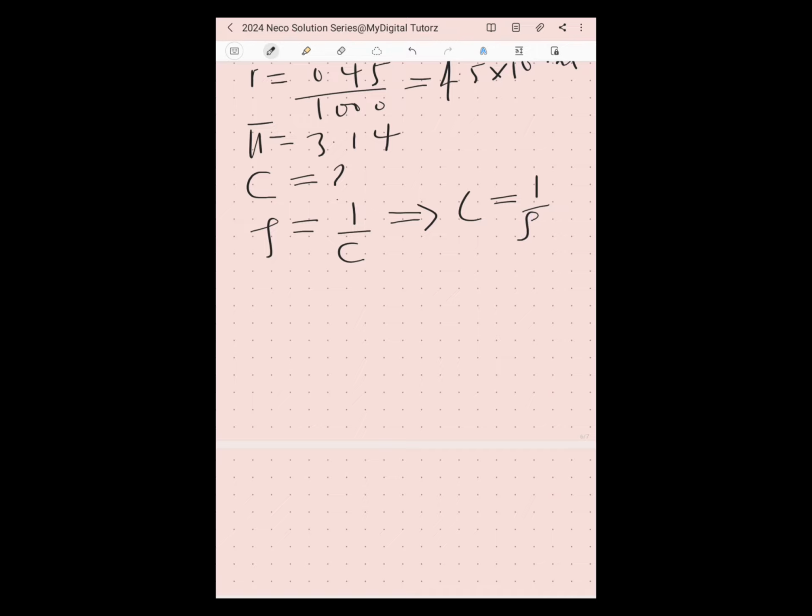So for us to get resistivity before getting conductivity, you will recall that the resistance of a conducting material is directly proportional to the length and inversely proportional to the cross-sectional area.